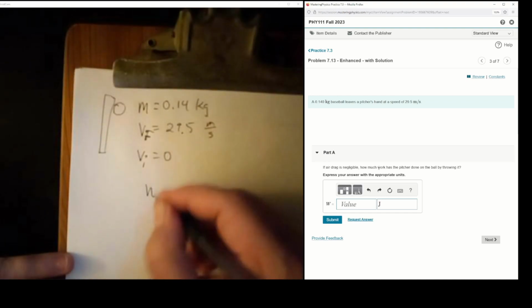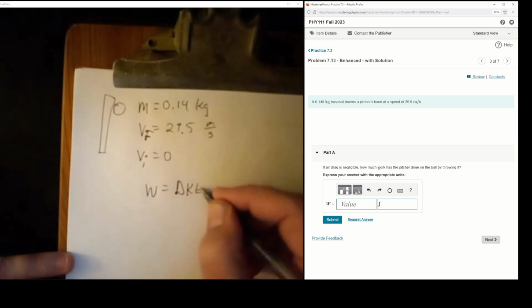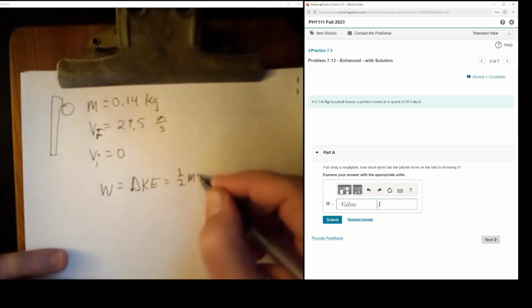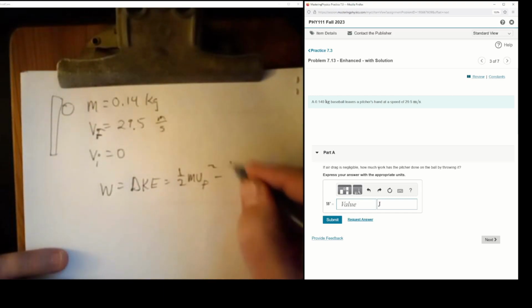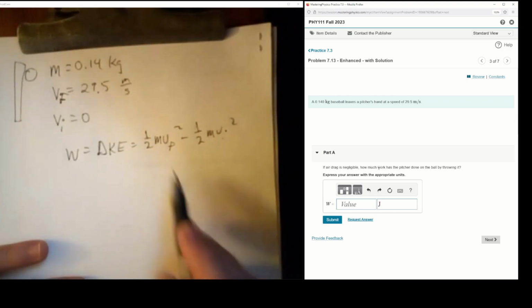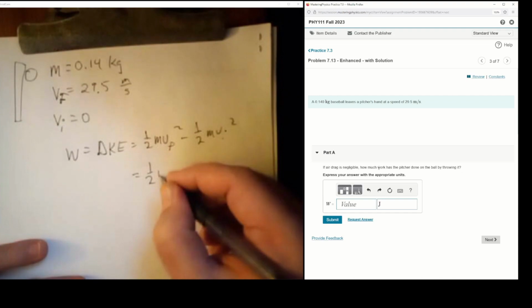And they want to know how much work was done. Well, work equals change in kinetic energy, which means final minus initial. And we do have a common factor here of 1/2 m.